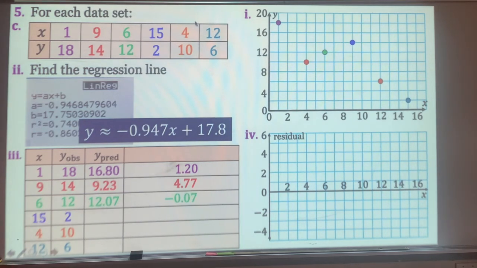That's a really good one, it means it's almost right on the line. The blue one, 3.55, is about 1.55 away, negative, so it's a little bit lower. 12.96, negative 3.96. 6.39, and that gives you 0.39. Plot the points, and there are the points.